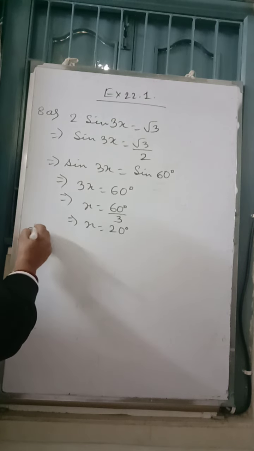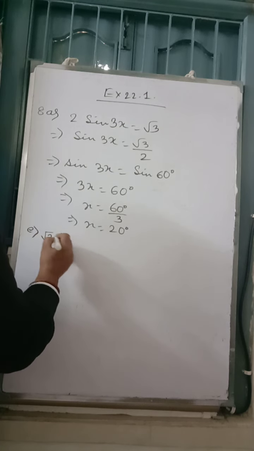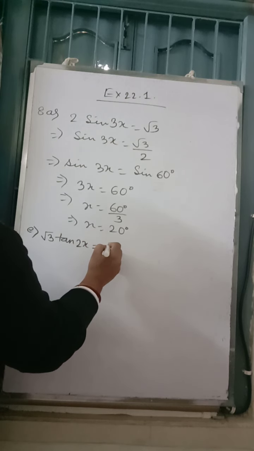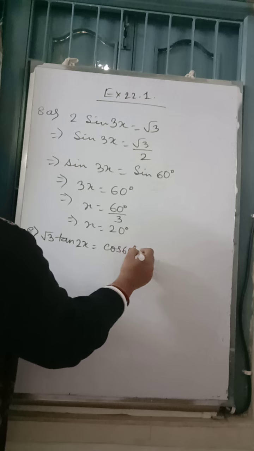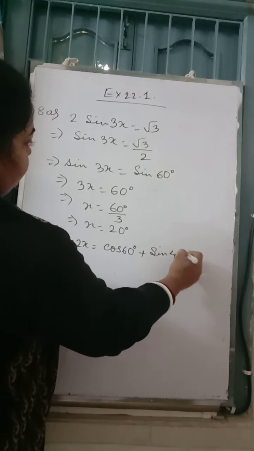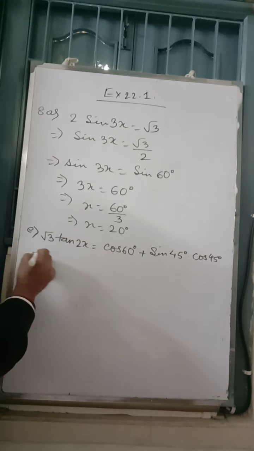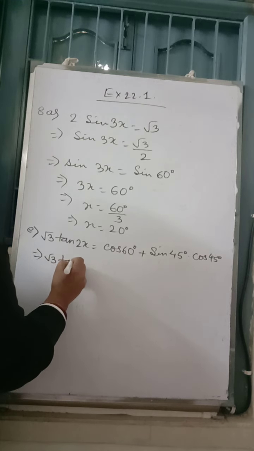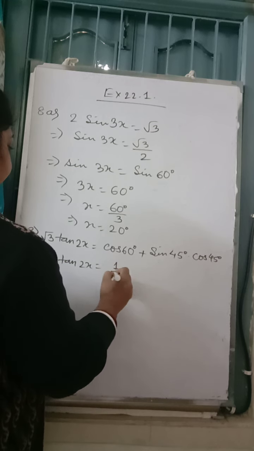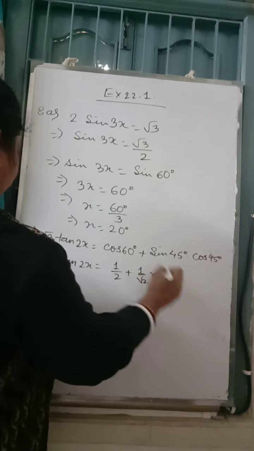Look at question number E. It says root 3 tan 2x is equal to cos 60 degree plus sin 45 degree into cos 45 degree. Now we'll be writing root 3 tan 2x. Cos 60 degree value is 1 by 2, plus 1 by root 2 into 1 by root 2.